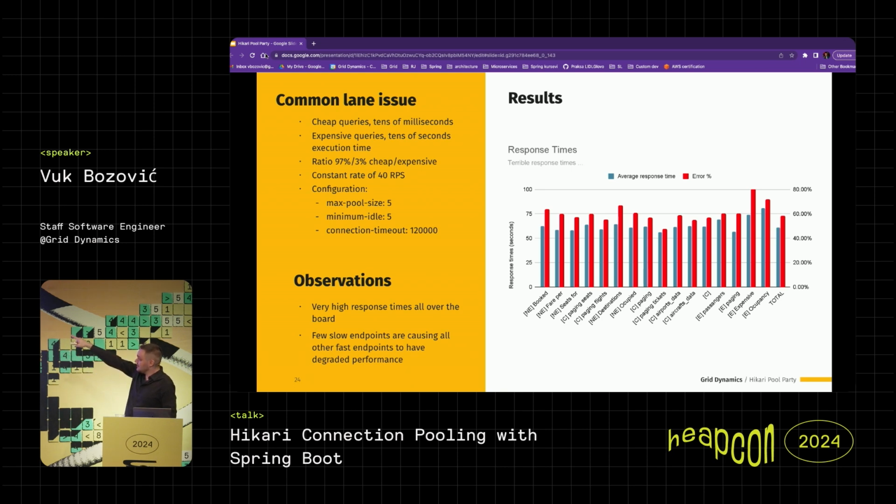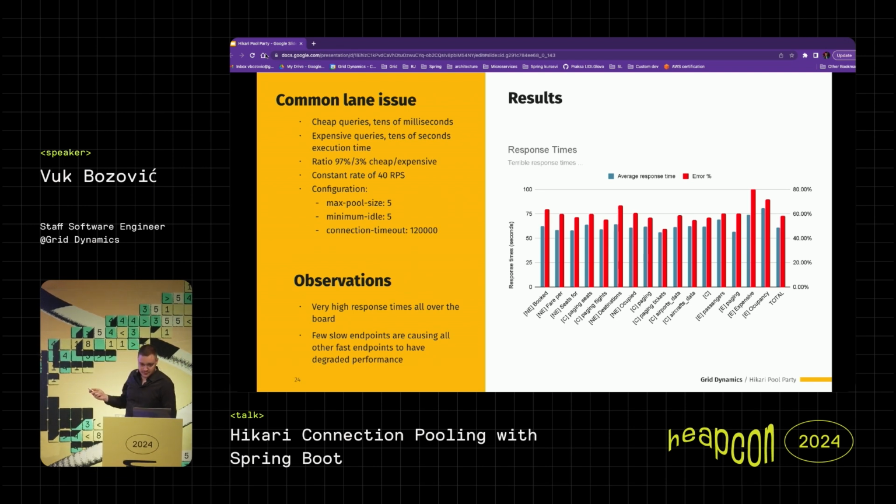And as you can also see, this red line is the error percent. So in one case, 80% error rate, meaning connection timeout, which is set to 2 minutes. So this is not really something which we would be happy with.